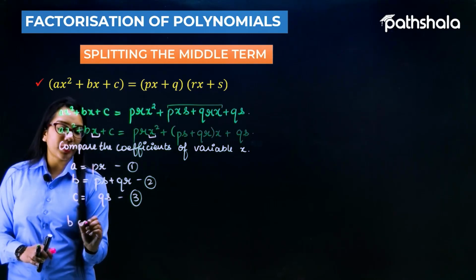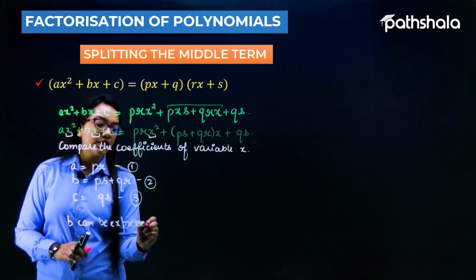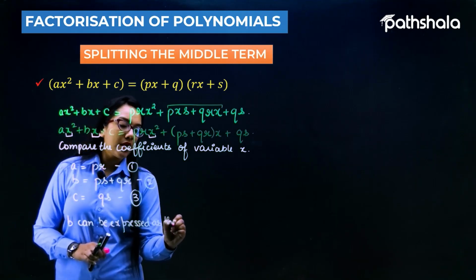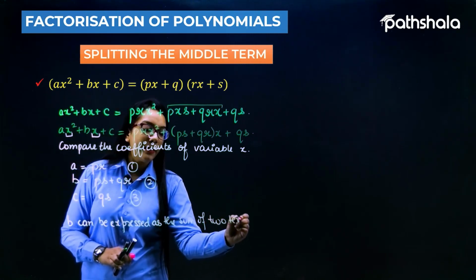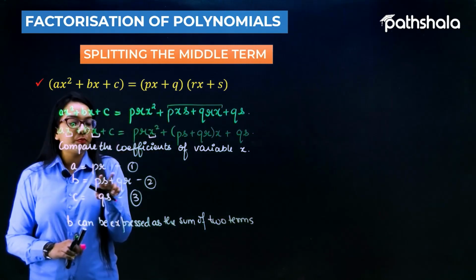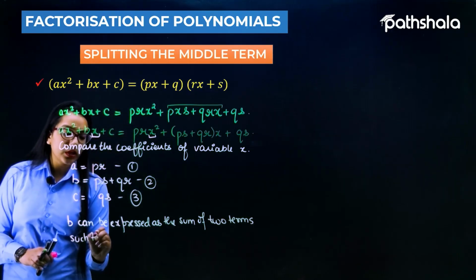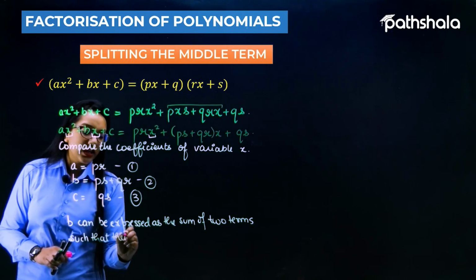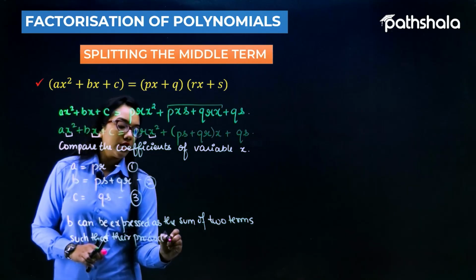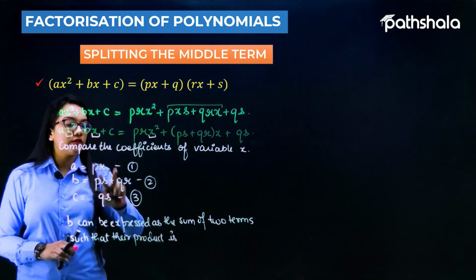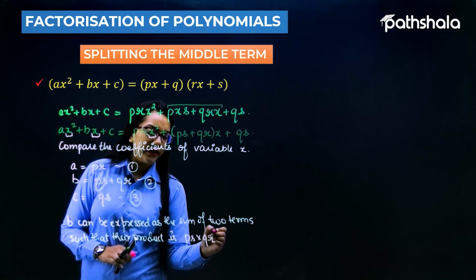b can be expressed as the sum of two terms. As we can see, b can be expressed as the sum of two terms ps and qr, such that their product is, taking the product of these two terms, ps into qr.